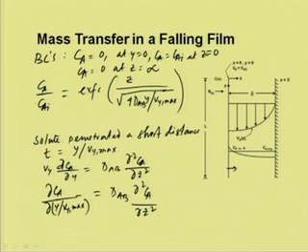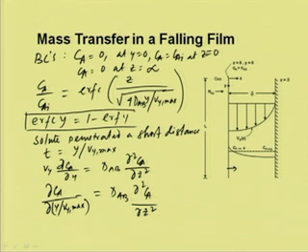The definition of the complementary error function is ERFC y equal to 1 minus error function of y. This is a tabulated function from where we can obtain the values.